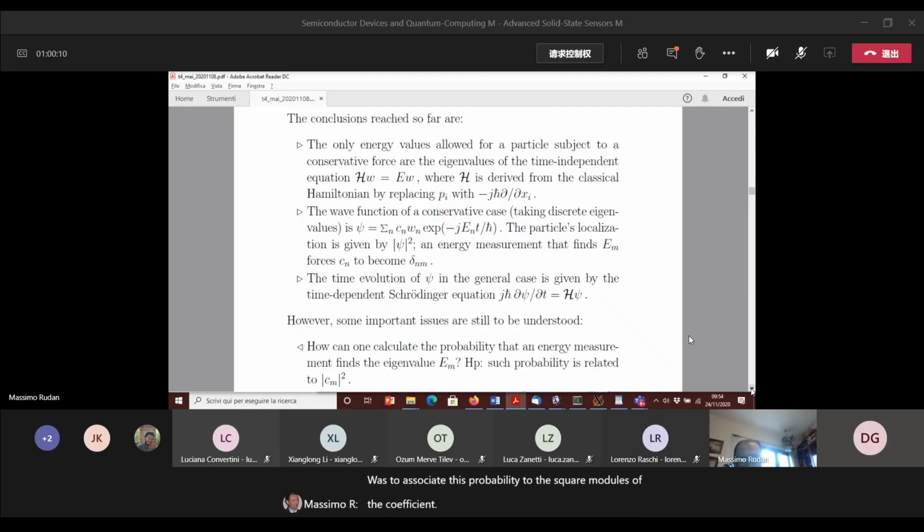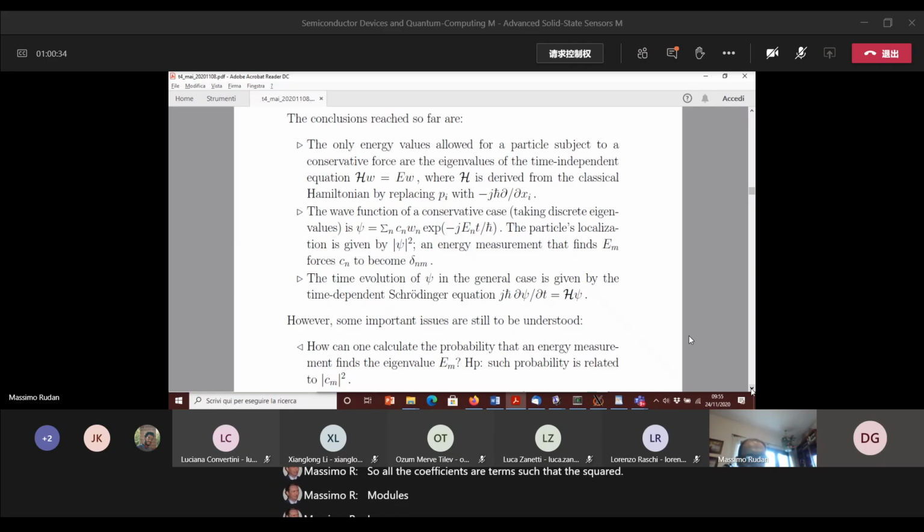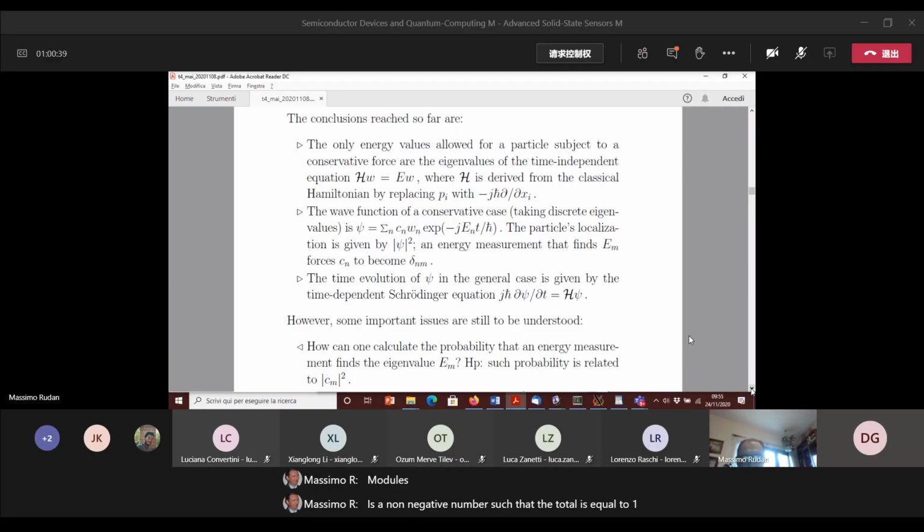And the reason is that, by Parseval's theorem, you remember, the sum of the square moduli of the coefficients is equal to 1. So all the coefficients are terms such that the squared modulus is a non-negative number such that the total is equal to 1. So they may be thought of as probabilities.